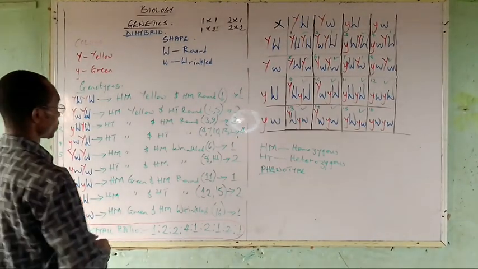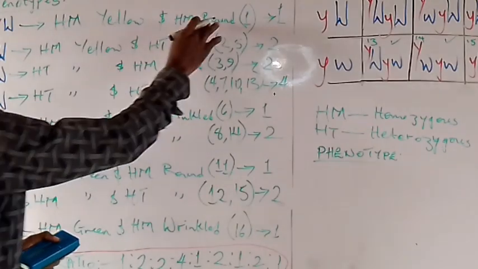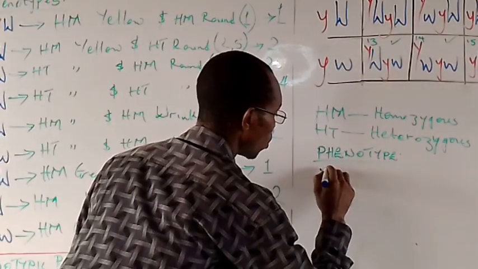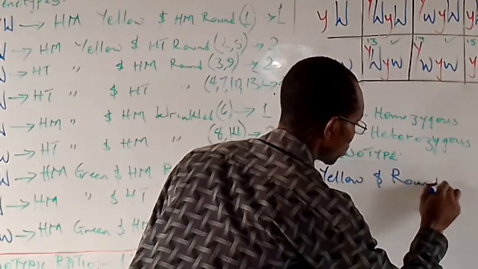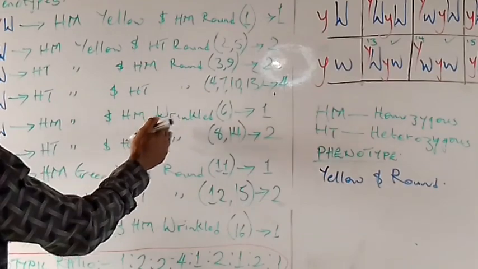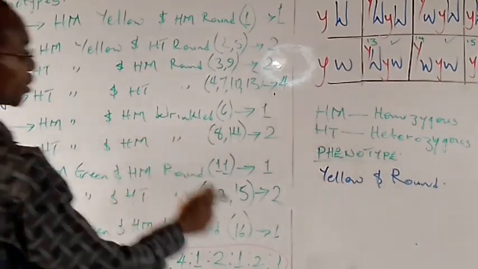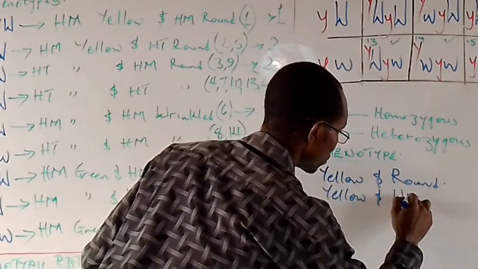So let us come to this. We list out all of the phenotypes. We have yellow and round. Let us see what else we have. We have yellow and wrinkled.